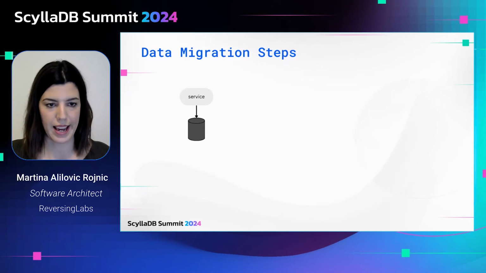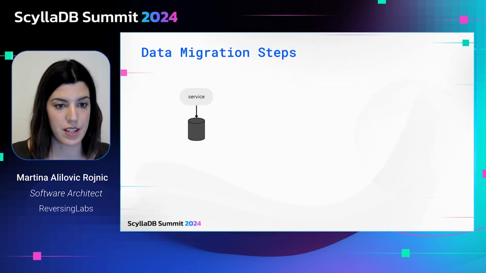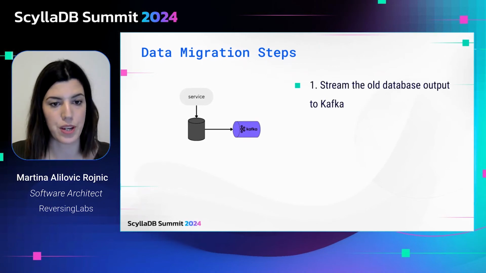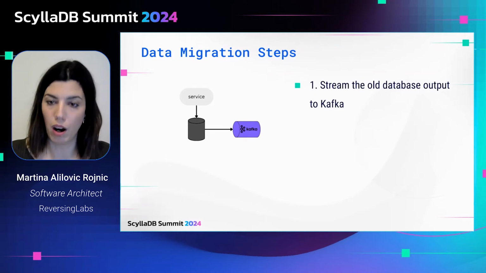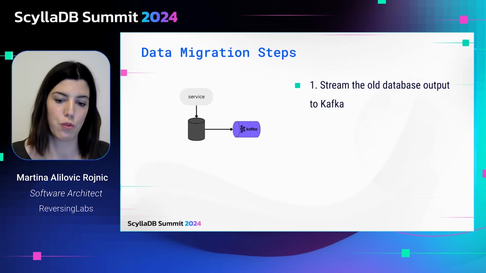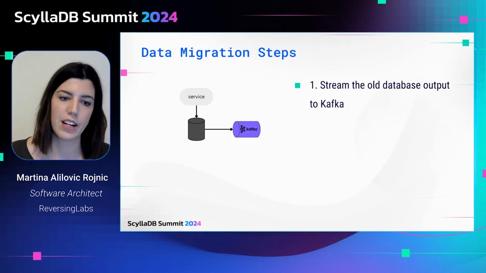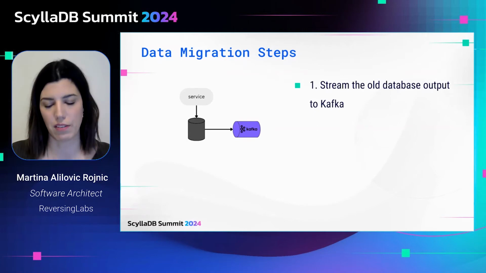A very simple case, and the migration will be very straightforward. So we take this service and this old database, and we stream all the updates on the old database to a Kafka topic. We set up a Kafka topic specifically for this single table, and we streamed the output to Kafka.